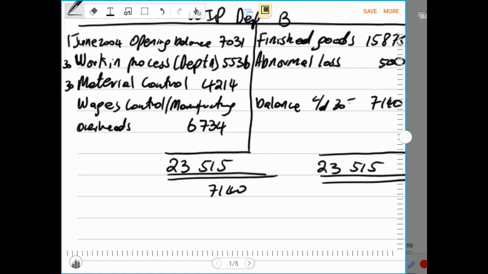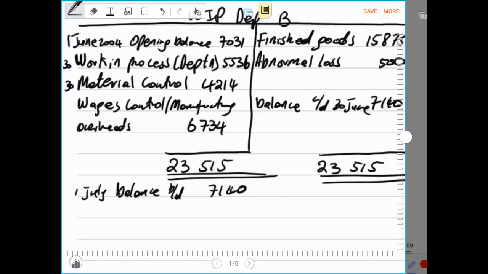This will be 30 June, and this will be on the 1st of July. And it will be the closing balance. Our balance brought down. Let me just say balance BD, and that is balance carried down.